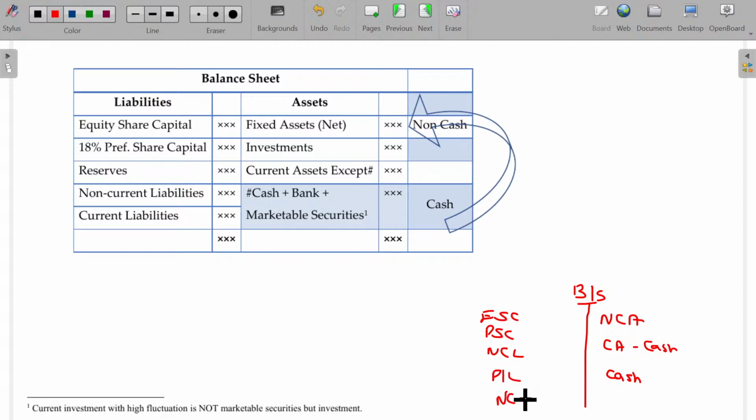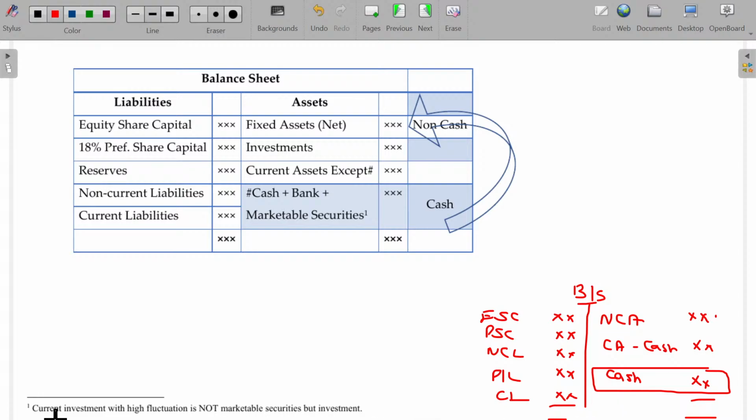Non-current, then current liabilities. Okay, this will be a separate thing. Cash is a separate one. So this will be cash. Not only cash, bank balance as well as marketable securities will also be forming part of cash. Okay.